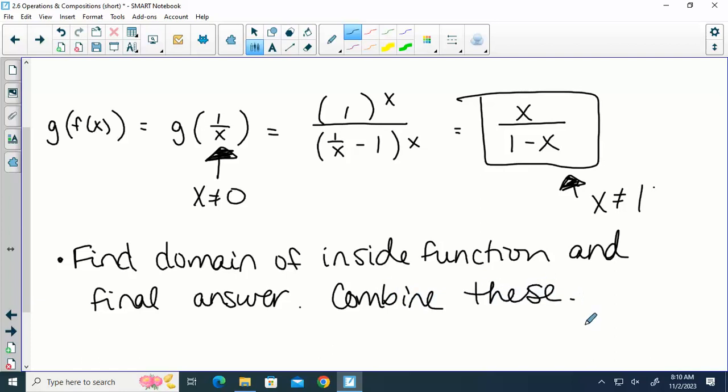So the final domain, we put those two together. So, two places. If you only look at the final answer, you'll be right about half the time. Okay, so make sure you're checking both. You also can't just look at those original functions.